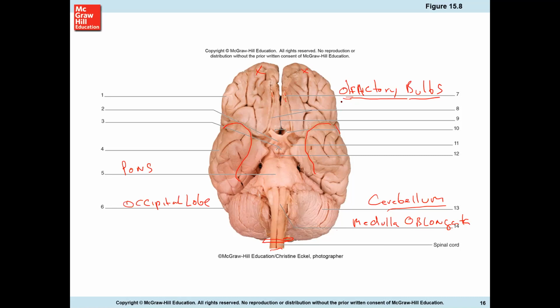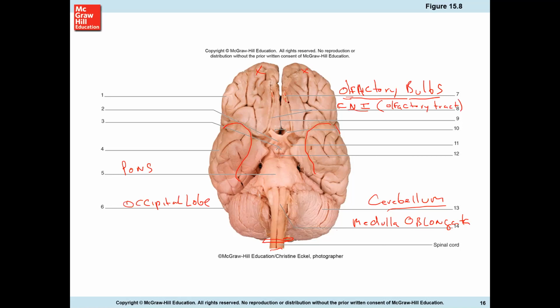So this one now, I'm going to say this number 8 here is the olfactory nerve, but it's also part of cranial nerve 1. And technically, this is the olfactory tract. But I'll tell you why it's called tract, but it's still part of cranial nerve 1.